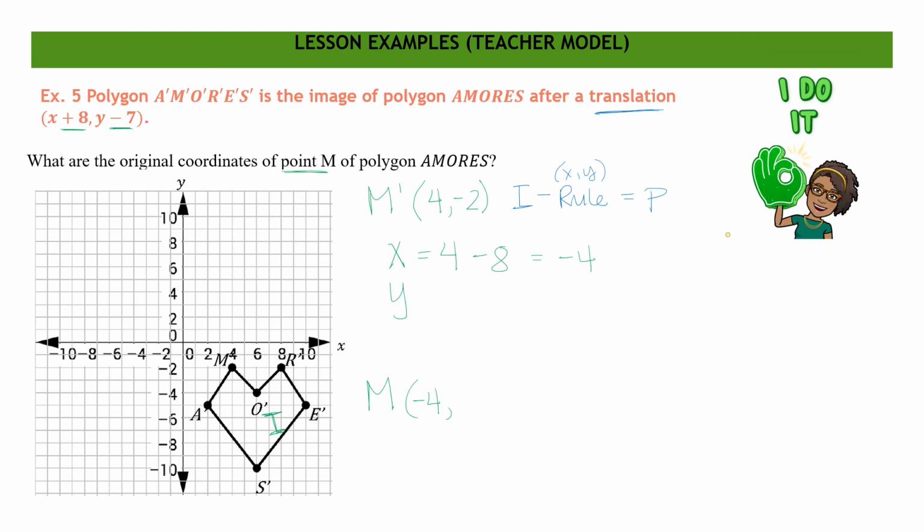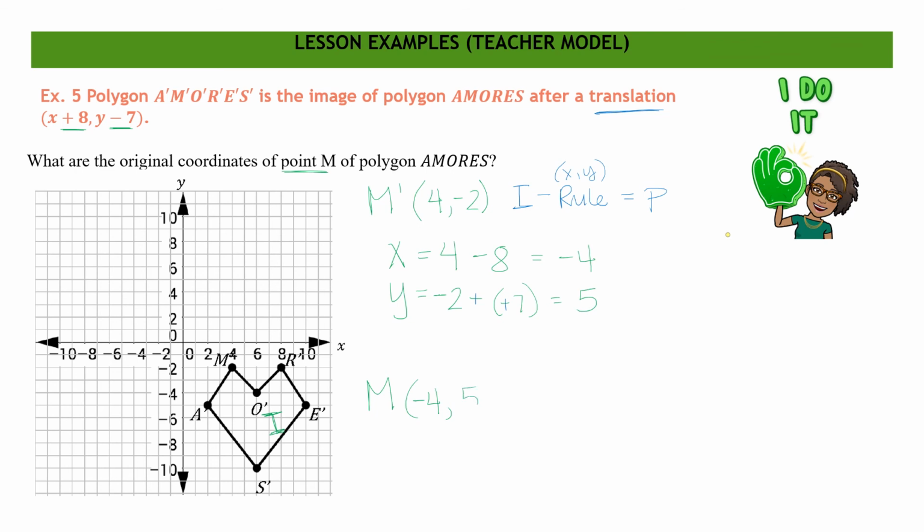Then we do the same thing for y. Y is -2 in our image point, and we subtract what we have in the rule, which is -7 for our y. Remember, we have a negative and a negative, so that gives us a positive. So -2 plus 7 equals 5.